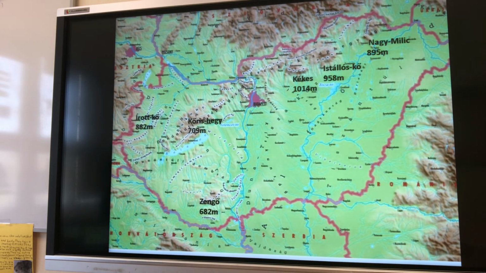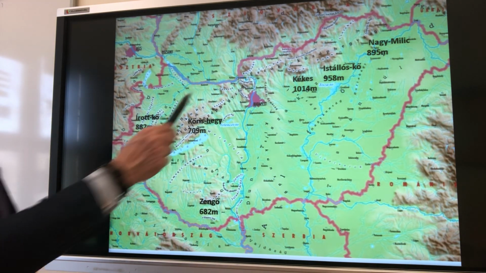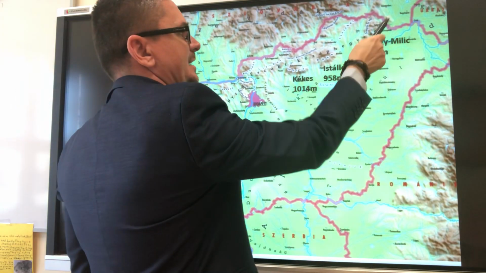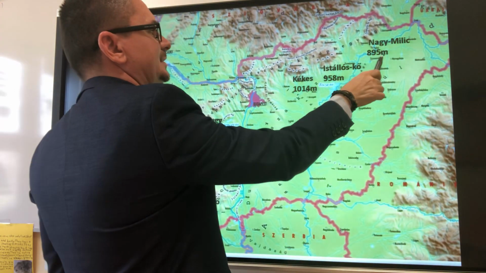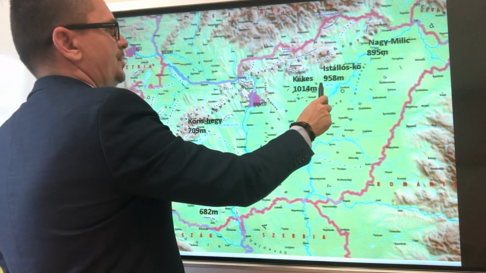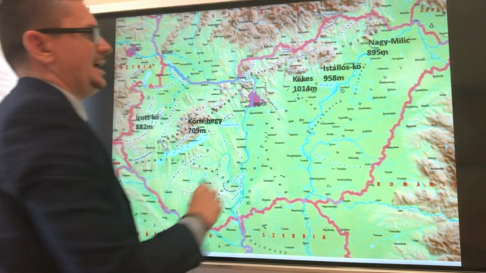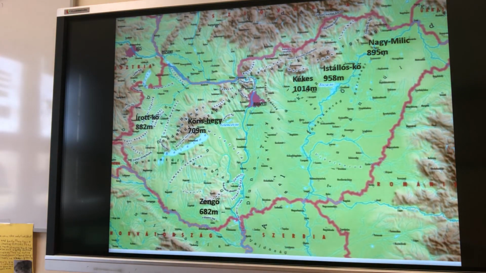And what about the next one? Yeah, then Írott kő, 882 meters. And then the taller ones, Nagymilic here in the northeast of Hungary, 895 meters. Then Istállós-kő in the north, 958 meters, and Kékes, 1014 meters tall.